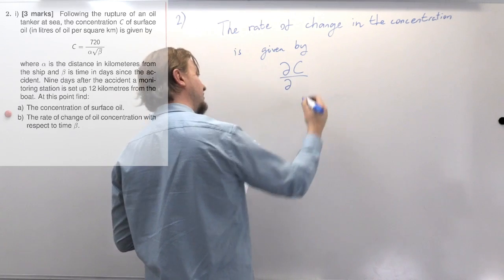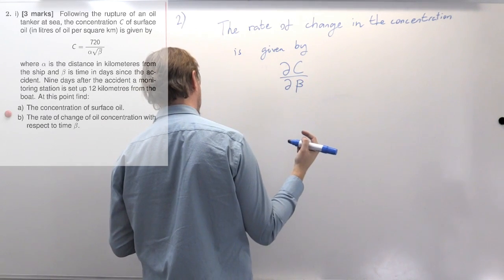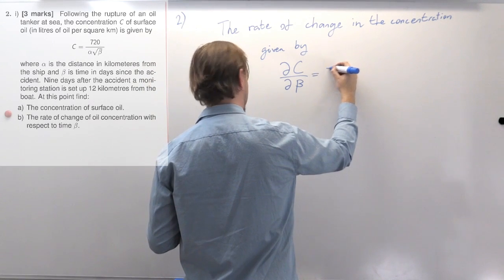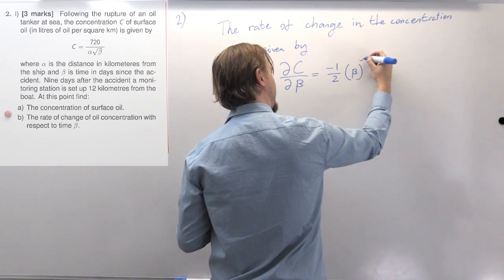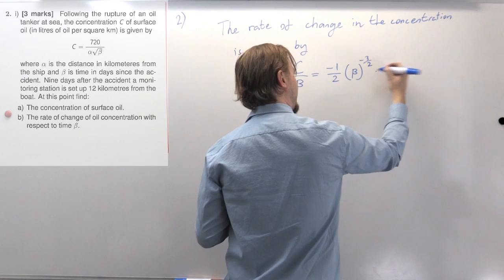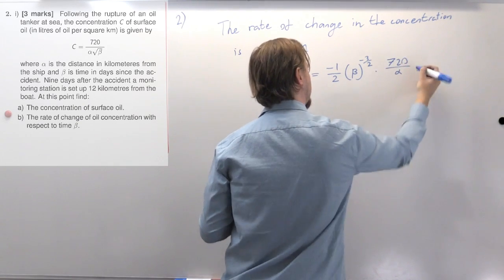So the partial derivative of concentration with respect to time is quite an easy calculation. This is minus a half beta to the minus 3/2 times 720 over alpha.